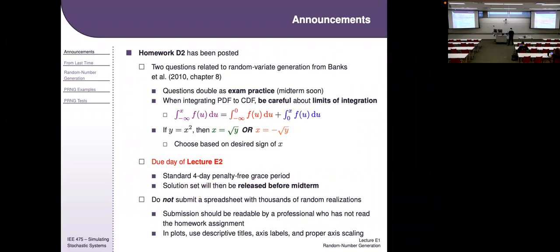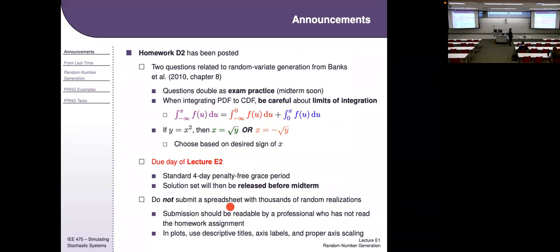The other thing is this one does ask you to actually generate, say, 1,000 or 10,000 values of these random variates, and then generate a histogram. Don't just submit a spreadsheet with thousands of random realizations. You're supposed to submit a document that is compact and concise, that summarizes your results with plots and graphs, like a histogram, with proper axis labels and proper scaling.